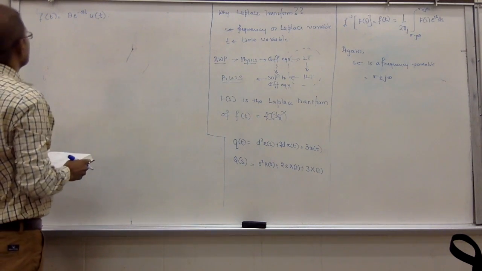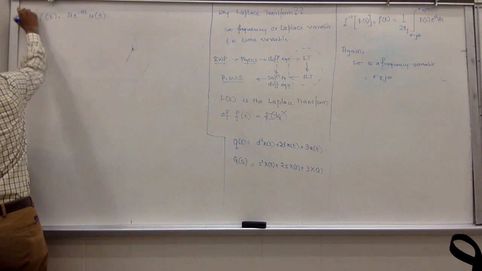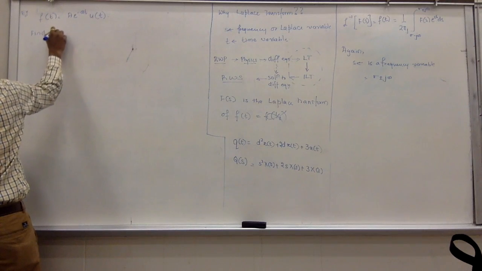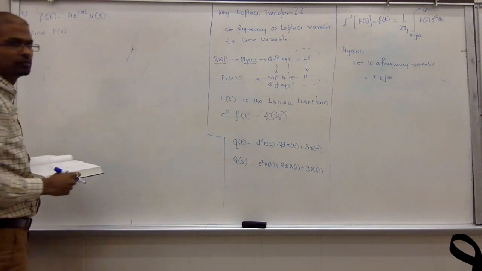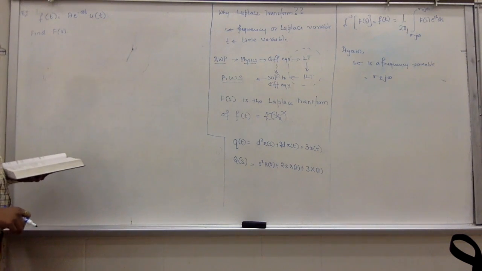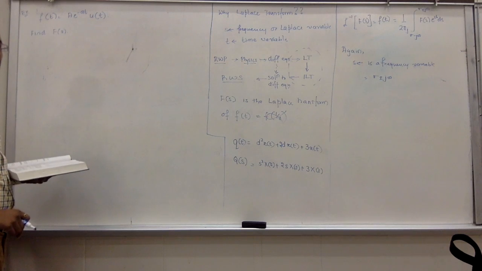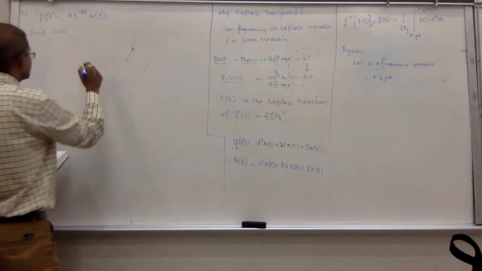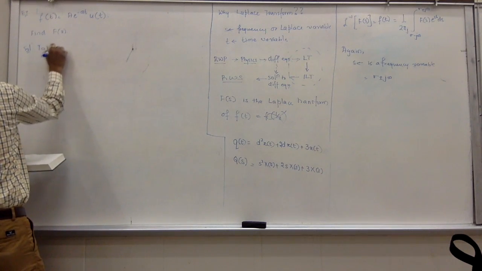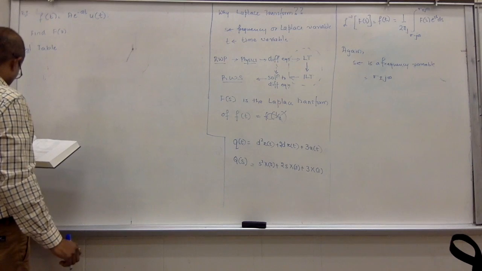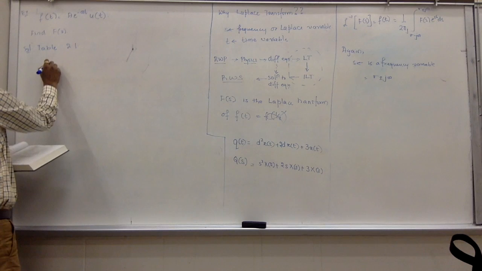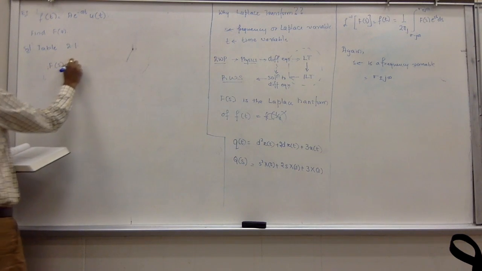If I ask you to find f of s, you are going to just use the formula I gave you, or look at the table. The solution is in table 2.1. So here f of s is equal to L.